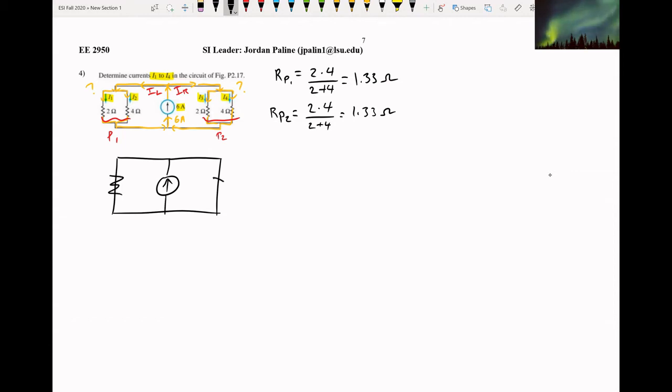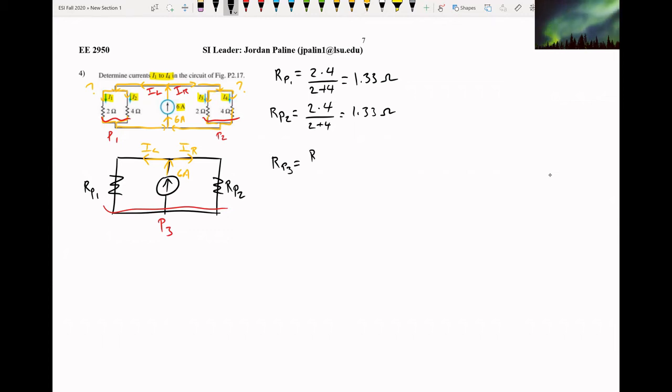If we redraw that real quick, there we go. R parallel 2, R parallel 1, and we still have 6 amps, I right, and I left. It looks like both of these resistors are also in parallel, so I will call this R parallel 3.